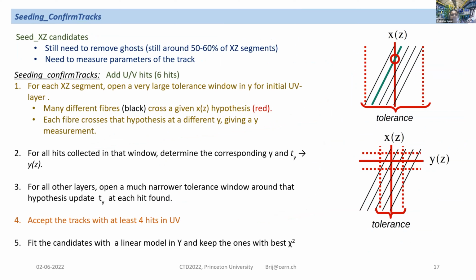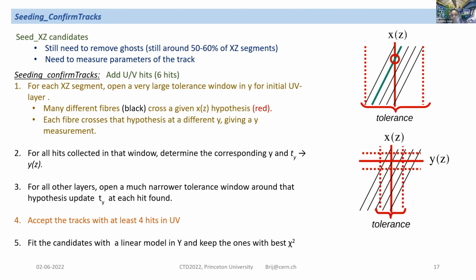Then for these seed XZ candidates, we still need to remove a lot of ghosts, which is around 50 to 60% of the XZ segments, and need to measure the parameters of the track. So then we add the UV hits, which are from the remaining UV layers, wherein for each XZ segment, we open a very large tolerance window in the Y for the initial UV layers. Many different fibers cross a given hypothesis.